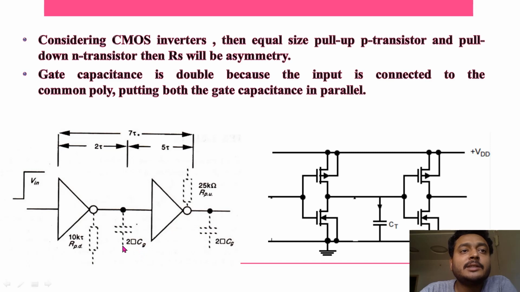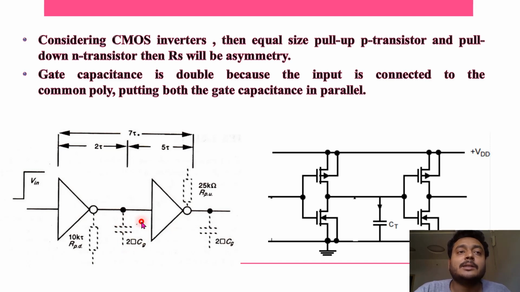The reason is that from this node, if you look towards this side, you can see it is actually driving two transistors. That means here we have one gate capacitance and here another gate capacitance, so we have two times CG. That's the reason the load CT is denoted as two times CG here.